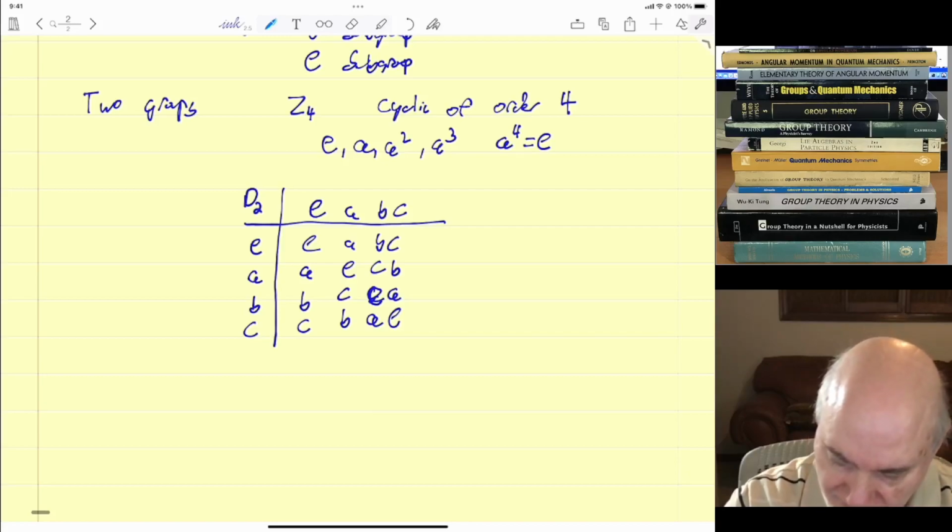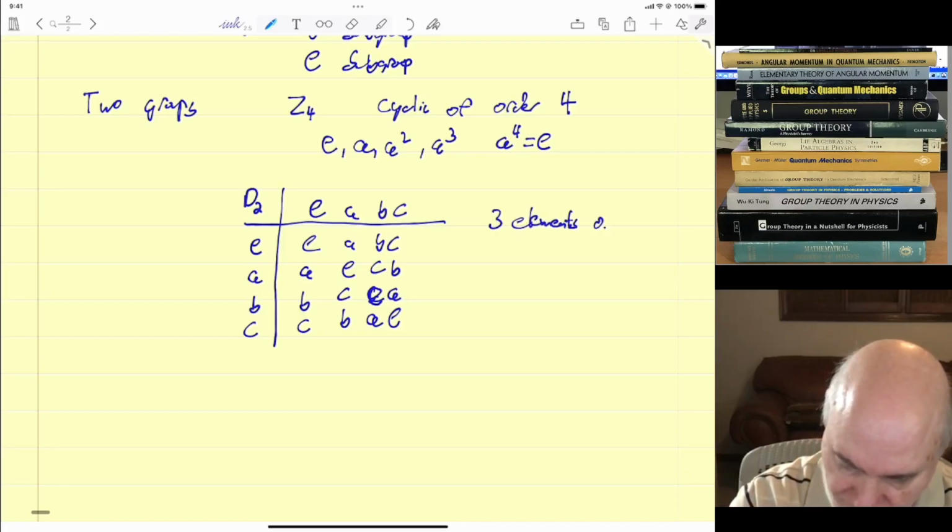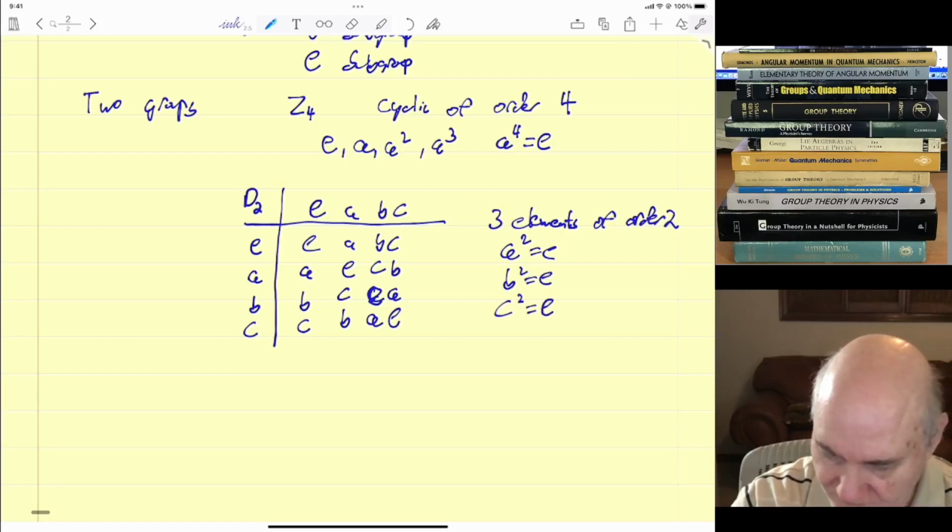Well, this group has 3 elements of order 2. Namely, you can see that a squared equals e, b squared equals e, just along the diagonals, all e, and c squared is equal to e.